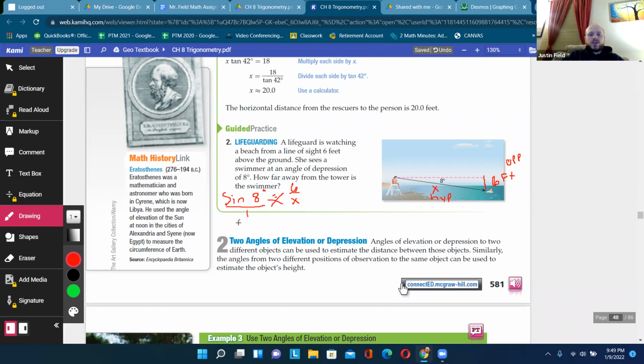So 6 times 1 is 6. And sine of 8 times x is x sine 8. Now in this case, we are multiplying x and sine 8 together. So I will be dividing both sides by the sine of 8. And so x equals 6 over the sine 8.